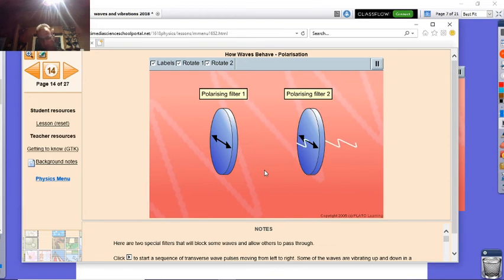So you can actually make light polarized, when it was vibrating in all different directions. This only allows vibrations through the horizontal plane. But this one here, and this is the interesting part, if I turn that one so it's vertical, this one lets it through, but this one won't because it's only vibrating in the horizontal plane, and that only allows the vertical through.